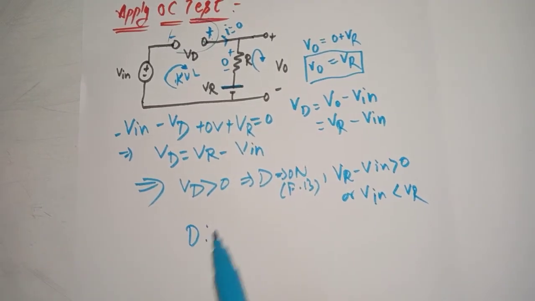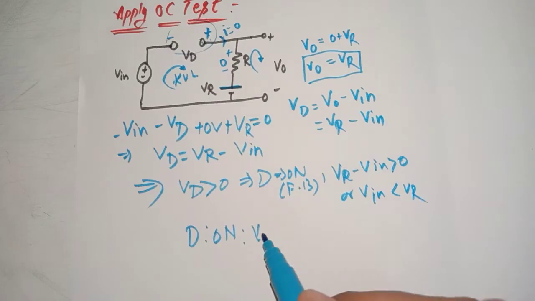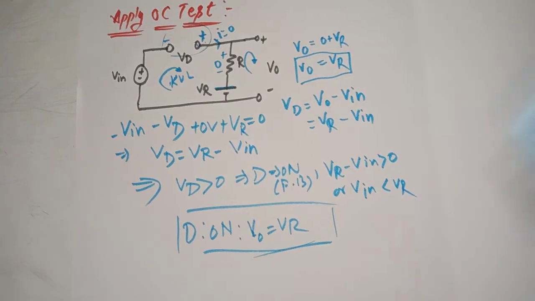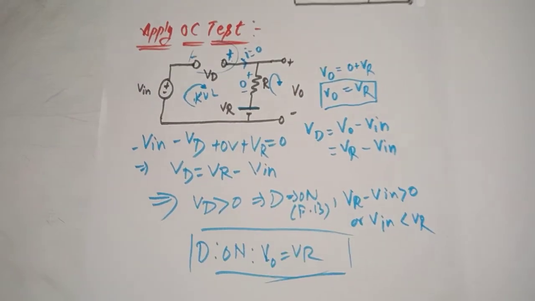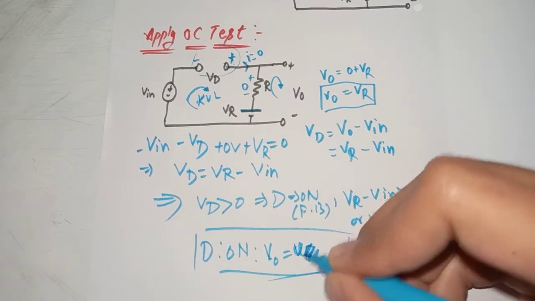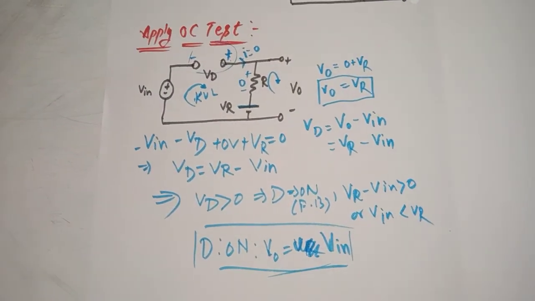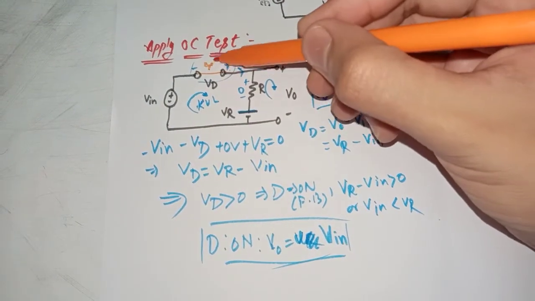So now when the diode is on, V0, I can write V0 is equal to VR, right? See, because when the diode is on, sorry, this will be V in. When the diode is on, it will act as a short circuit, right?